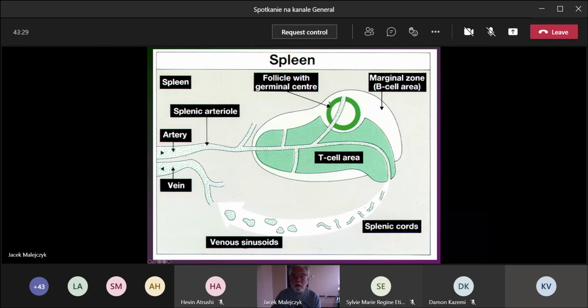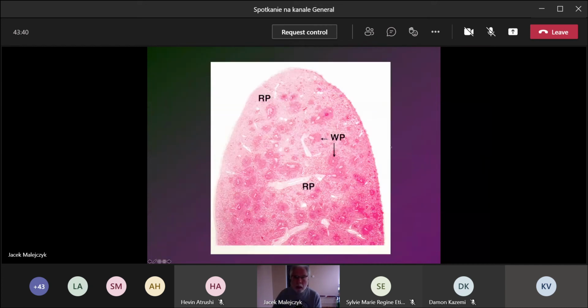In the lymphatic tissue, similarly as in the lymph nodes, we distinguish the part which is occupied mostly by B cells with formation of the follicles, as well as a less organized T cell area. This is a small magnification of the spleen. What you see is a red pulp and white pulp.